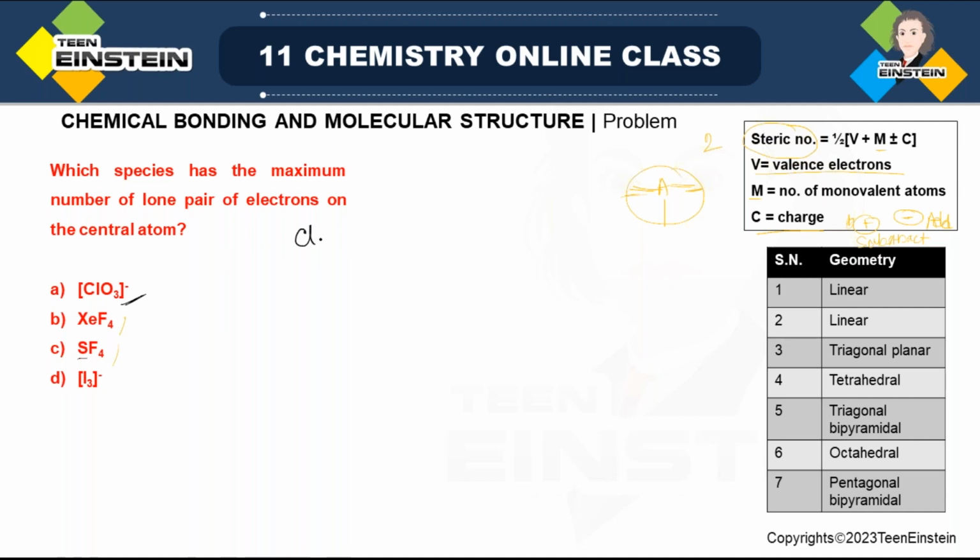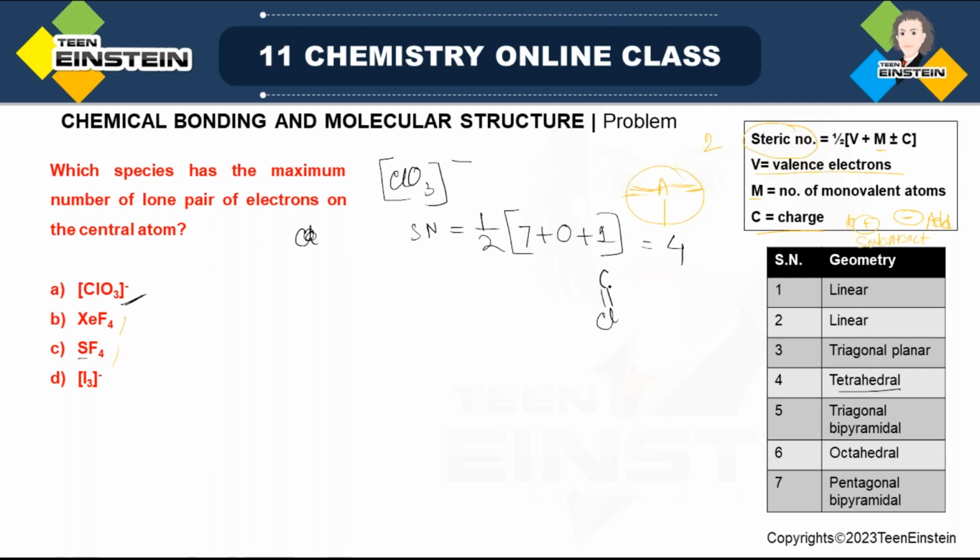So for ClO3, the overall charge is negative. Steric number is equal to half. Number of valence electrons 7. Capital M will be 0, no monovalent atoms, and we will add one negative charge. So it is 8 by 2, that is 4. So it should be tetrahedral.